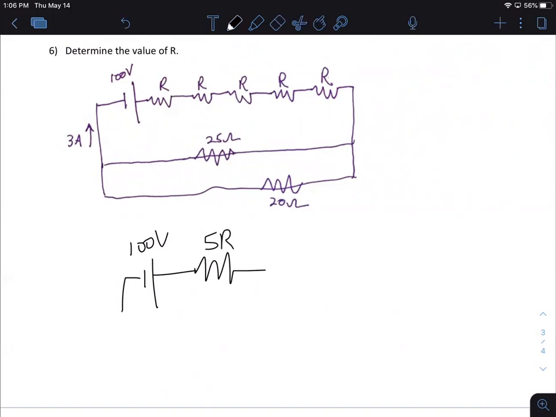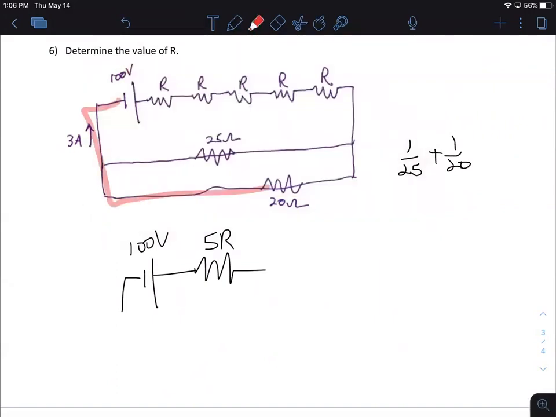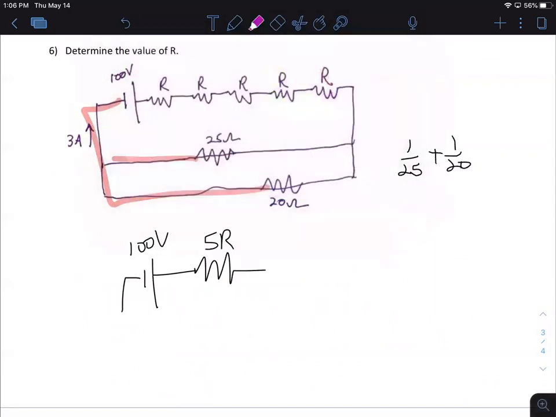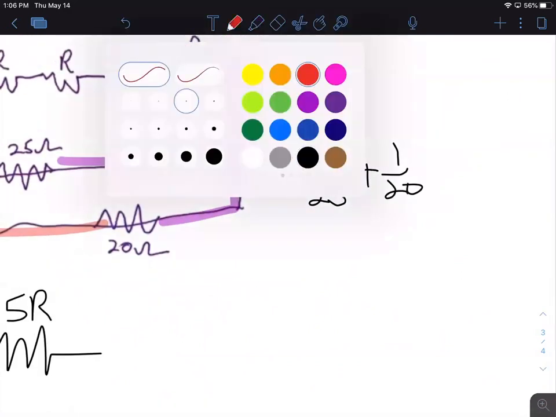And then these guys, I got 1 over 25 plus 1 over 20. And just some colors just so we can see that these are definitely in parallel since they have the same delta V. 1 over 25 and 1 over 20.